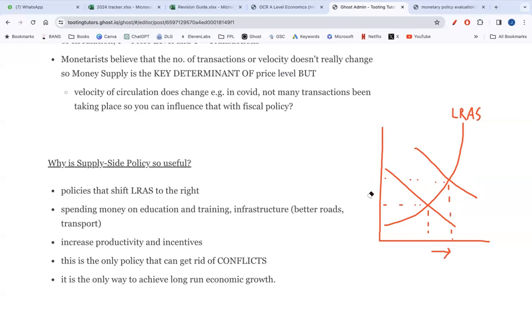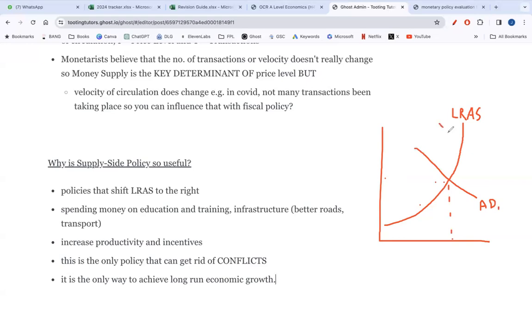Now, look, if I want to achieve more economic growth and I try to do fiscal policy, what curve would shift if I implement fiscal policy? The AD curve shifts right as well.